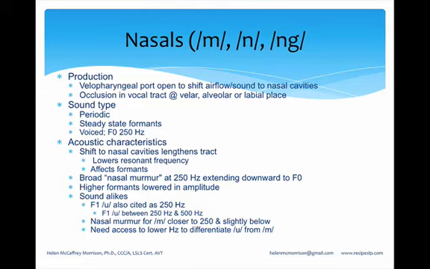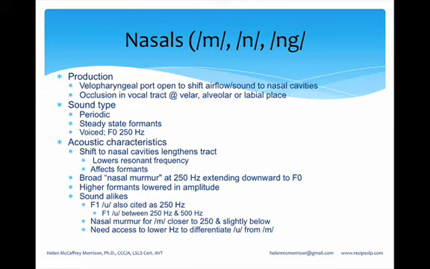There are some sound alikes that I'm going to bring up here that we will bring up in Lecture 5 when we're talking about the Ling 6 sound test. If you recall, the first formant in oo from the vowel lecture is also cited as being around 250 hertz.